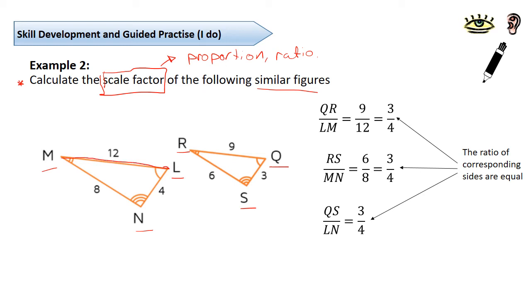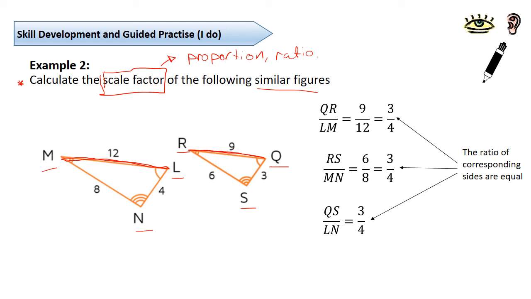If this is our first side, LM, well, LM is 12 units long. Hopefully you would agree with me that this side LM corresponds to QR. What we mean by corresponds is that they're matching. They are the equivalent sides for those two shapes.